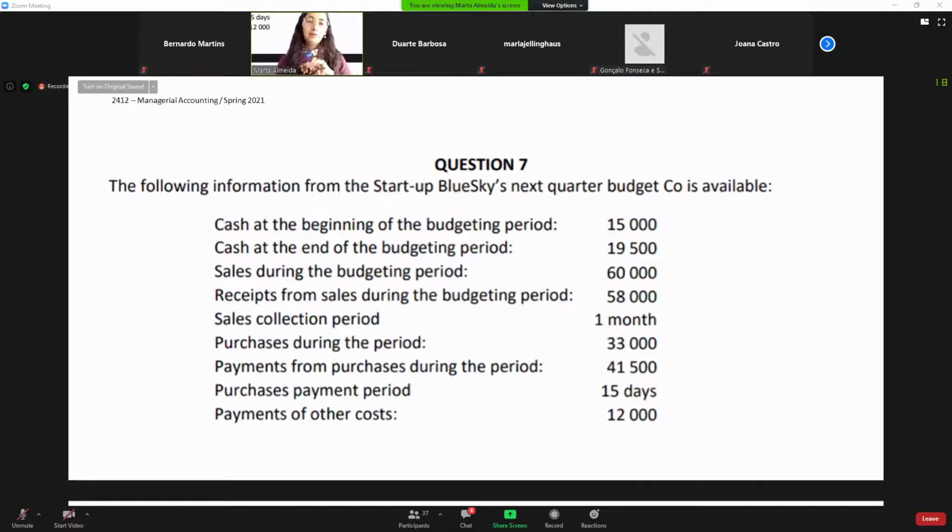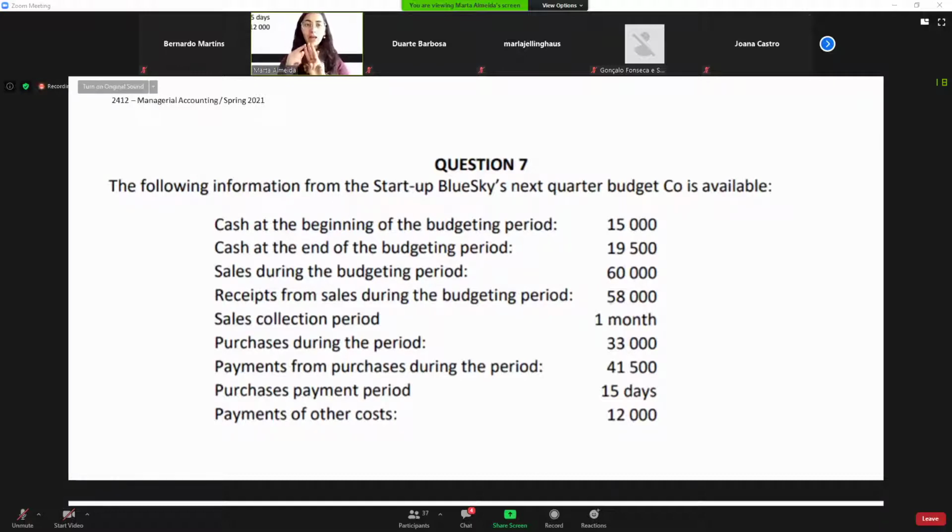Plus the quarter is 3 months, plus the first month, which you will receive in the second month of the period, and the second month of sales, which you will receive in the third month of the budgeting period. The last month of sales we will receive in the following month after the budgeting period, because we have a sales collection period of 1 month.